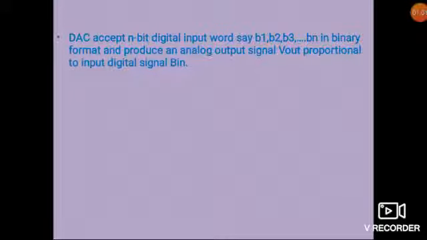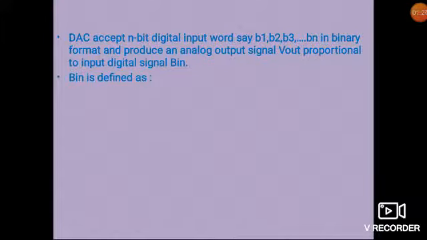Now a DAC accepts an n-bit digital input word, say B1, B2, B3, and so on to Bn, in binary format and produces an analog output signal, voltage out, proportional to the input digital binary input.